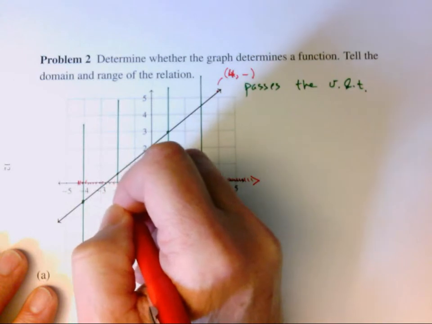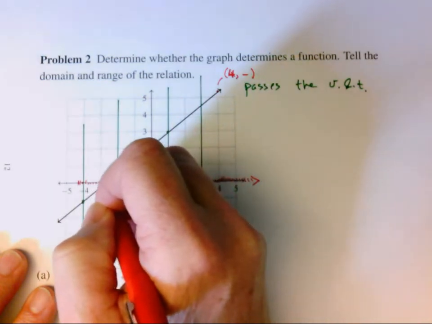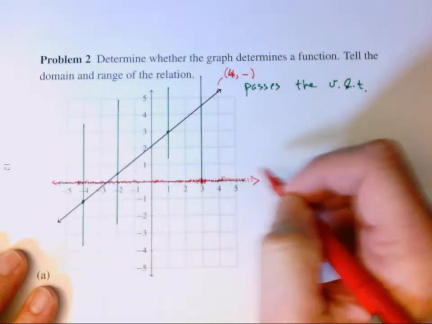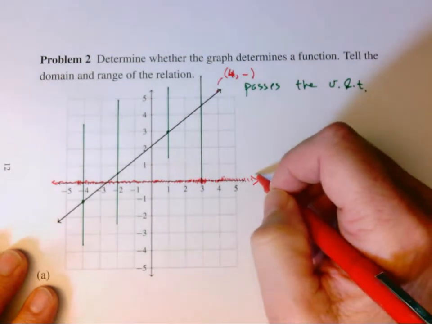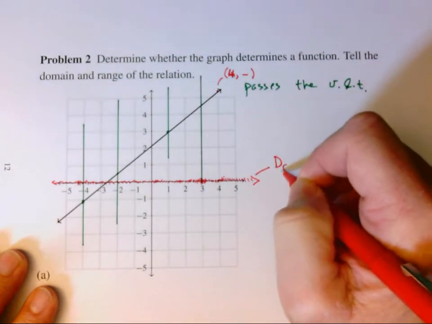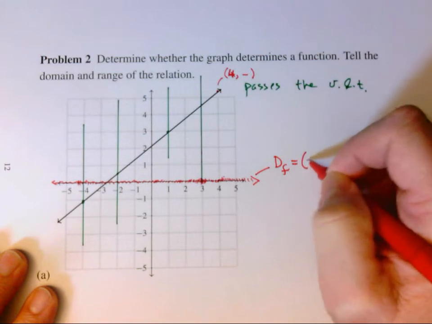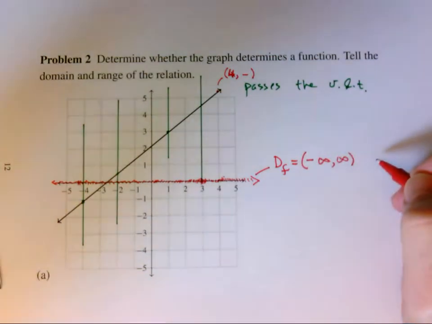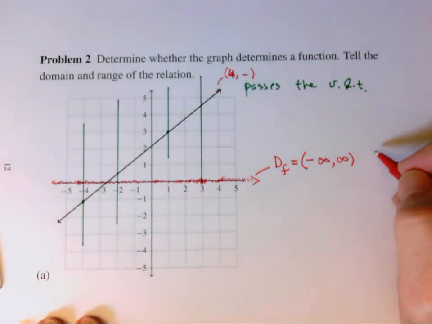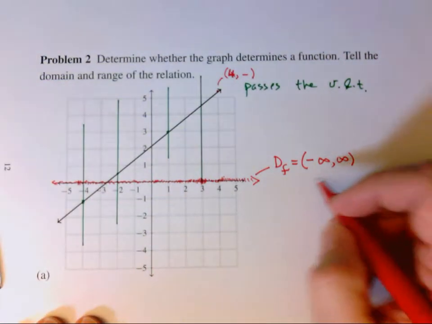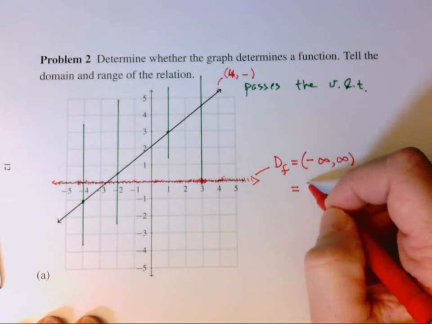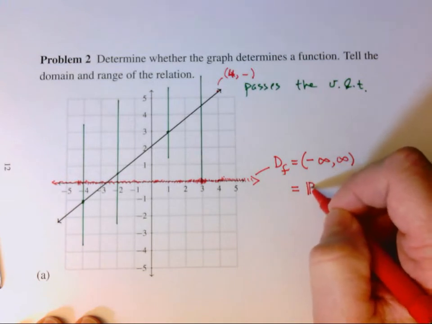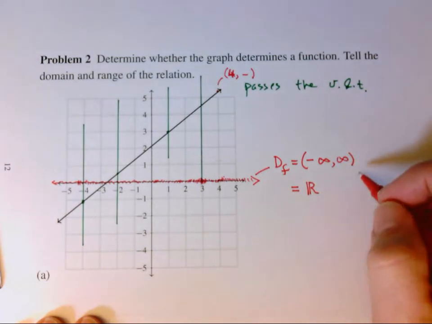For this line, I can look up or down and see line everywhere. So the domain of this function is going to be all real numbers. We often abbreviate that in symbols as the open interval negative infinity to infinity. Feel free on tests to use the double bar R to represent real numbers.